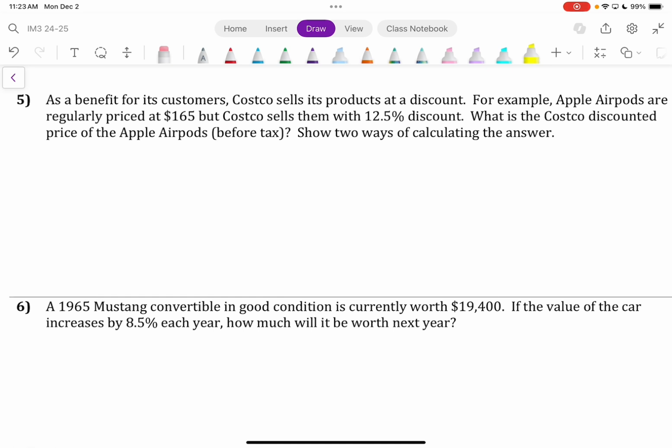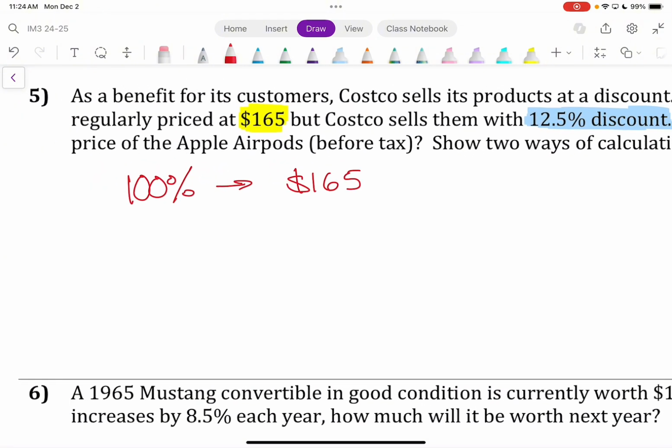One of the first things you need to consider is, what's the initial value of the item? The initial value is 165. Second thing we need to consider is we are taking into account a discount of 12.5%. So think about this: what percentage are you actually paying of the item? 100% of the value would represent the 165, but we are not paying 100% of the value.